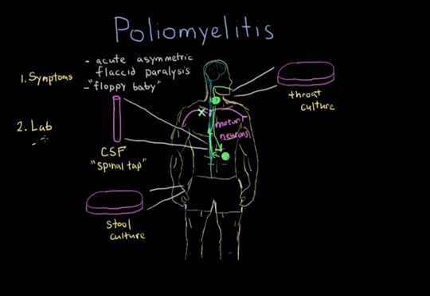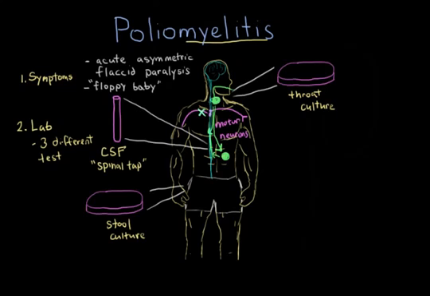So these are the lab tests, 3 different tests that can be performed. And any of them will work. The cerebrospinal fluid is the most accurate. If you can find the poliovirus isolated in this fluid, that confirms diagnosis of poliomyelitis. In fact, as a reminder, myelitis means inflammation in the spine.